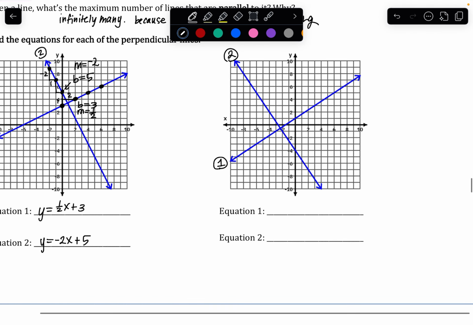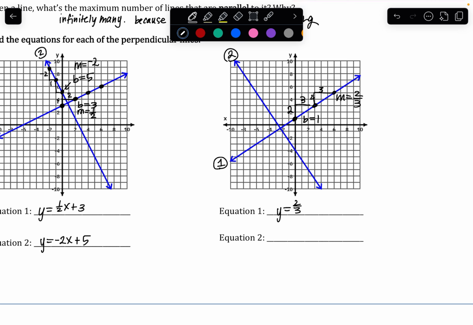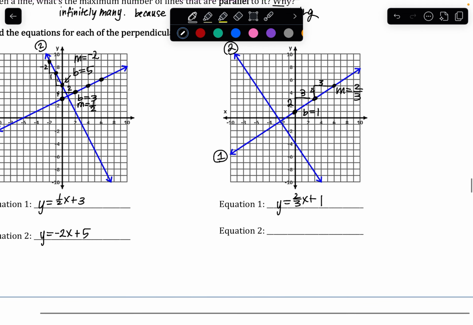For the next example, equation 1 has a y-intercept of 1. It looks like rising 2, running 3, so the slope is 2 over 3. So y equals 2/3 x plus the y-intercept of 1.